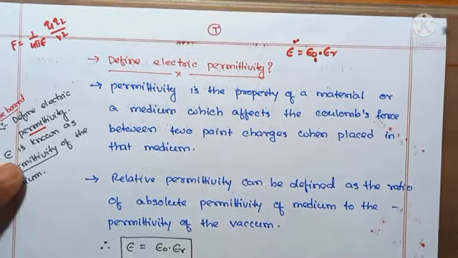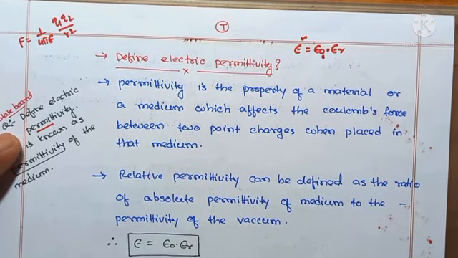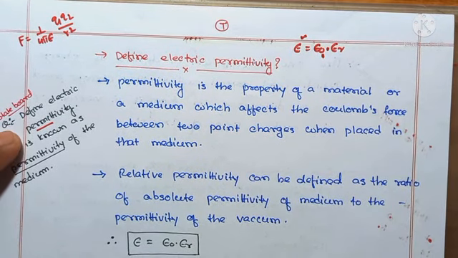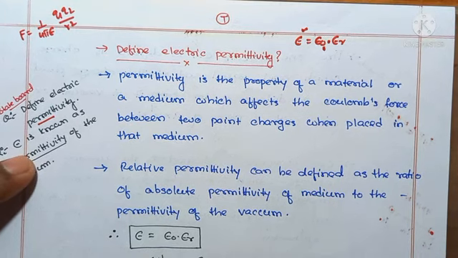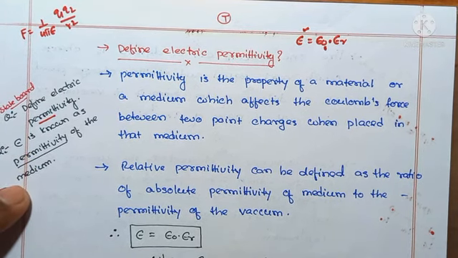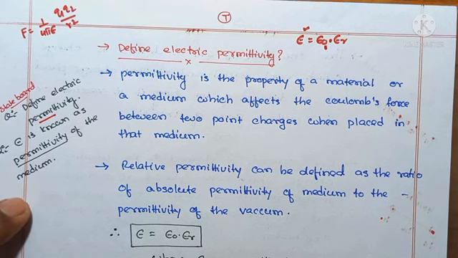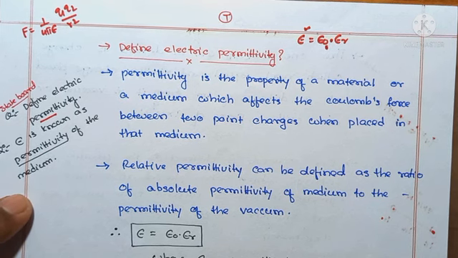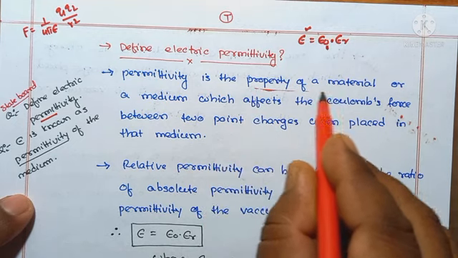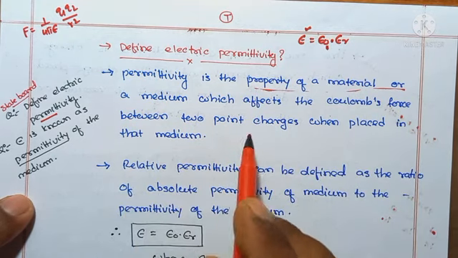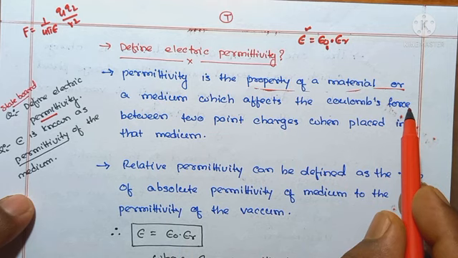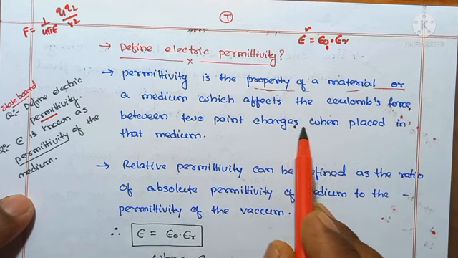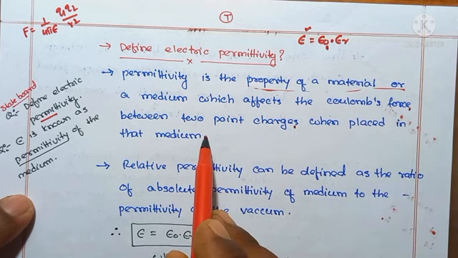Permittivity is the property of the material or medium which affects the Coulomb's force between two point charges when placed in that medium.